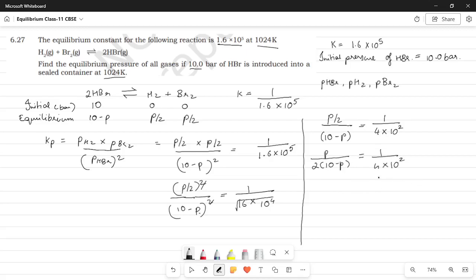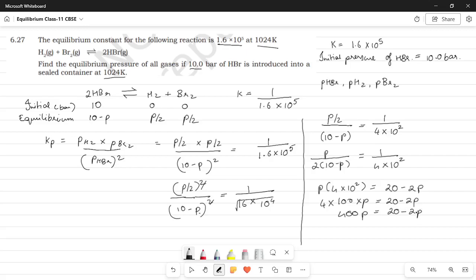Now we can switch them so they're on the numerator. So 4 into 10 square is equal to 20 minus 2p. So 4 into 10 square is 100, right? Into p equals 20 minus 2p. That's 400p equals 20 minus 2p.